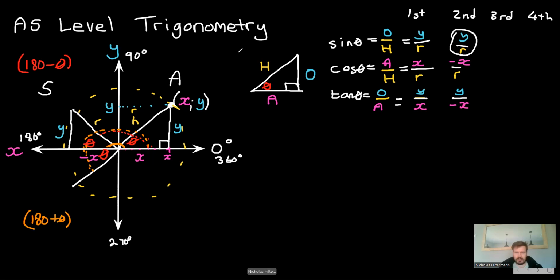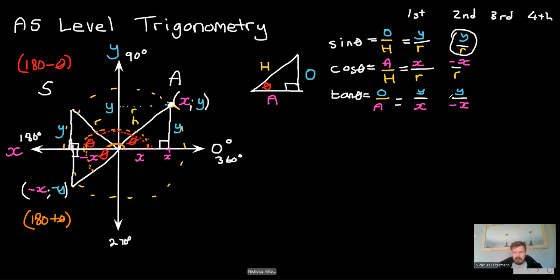And I'm going to continue from the last one. If I was to drop a line down here, remember these are right angles. Now notice that everything is negative. Our x is negative x, and it's below the x-axis, so y is also negative.